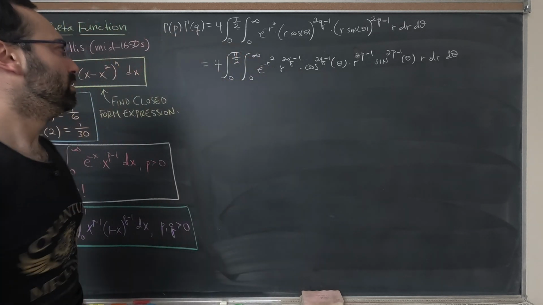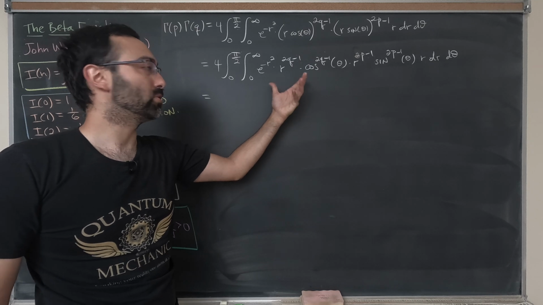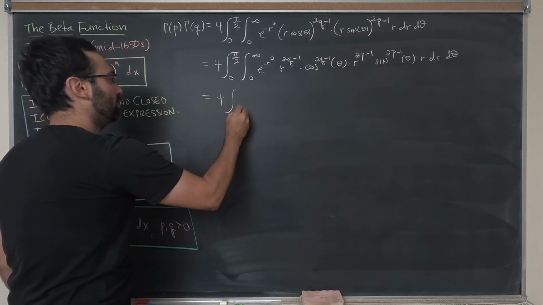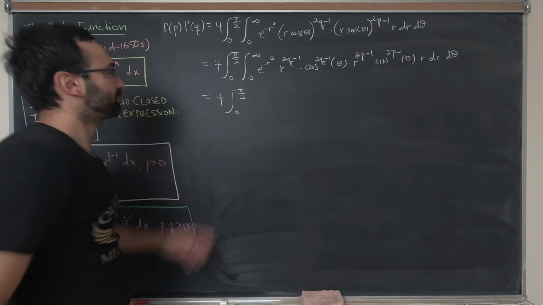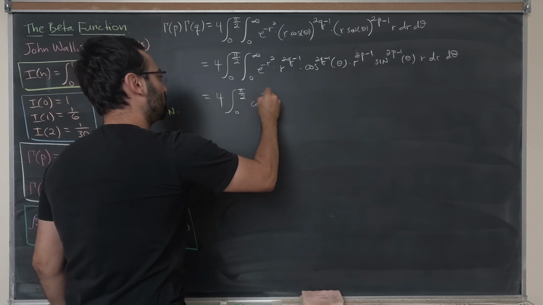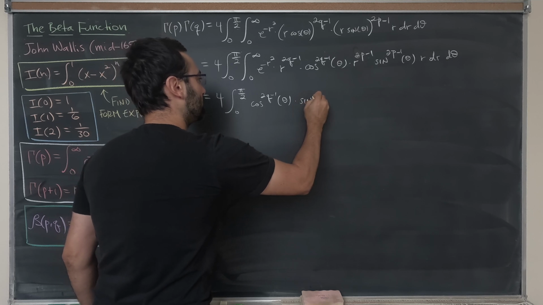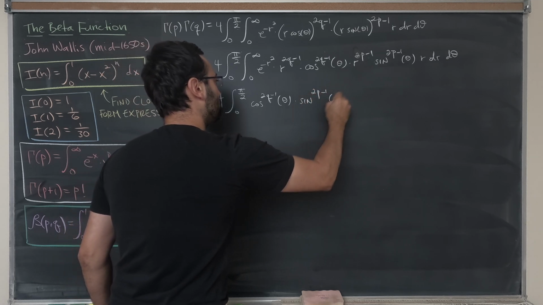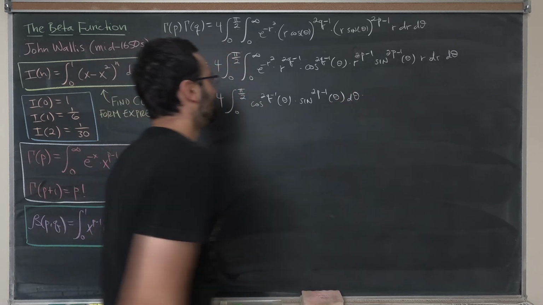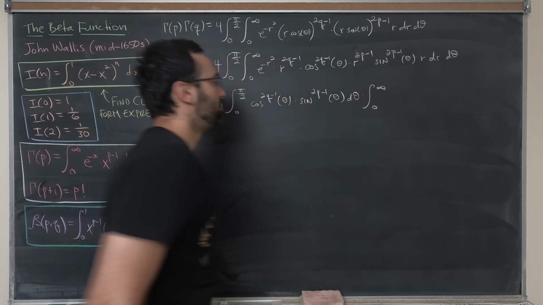All right, good. Now let's split this up into 2 integrals, one with our theta variables and one with our r variables. So we have 4 times, okay, from 0 to pi over 2, our theta variables are cos to the 2q minus 1 of theta times sine to the 2p minus 1 of theta d theta times the integral from 0 to infinity of our variable r.